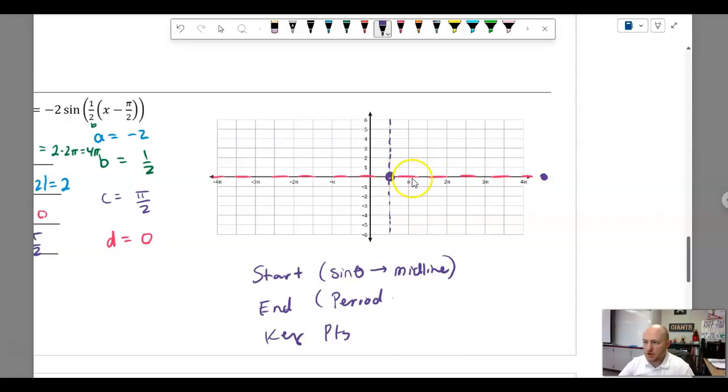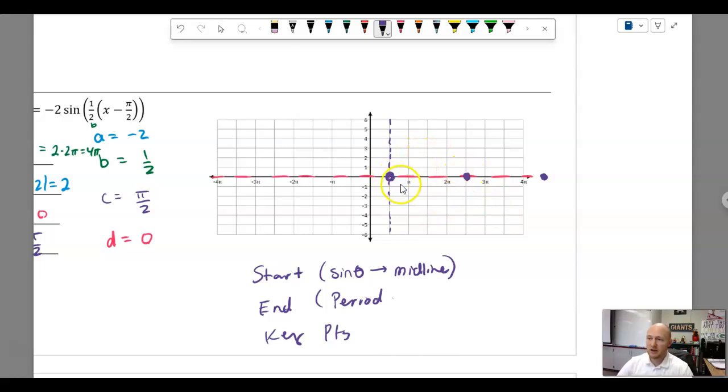So in between your start and your end is going to be another midline for sine, right? And then in between those is going to be an extrema. Now, since this is a negative 2 a value, I'm getting reflection. So sine normally goes up to a maximum, midline, and then a minimum.